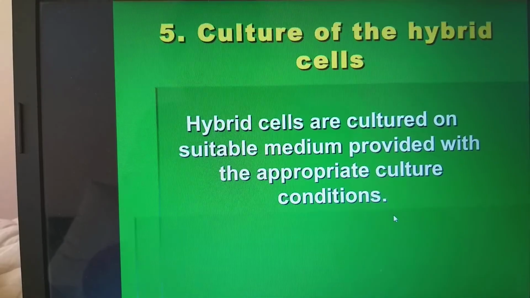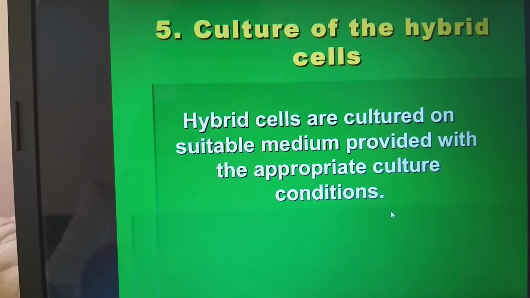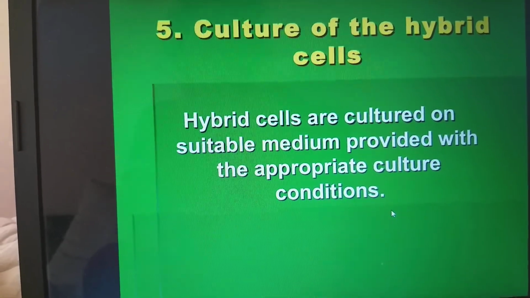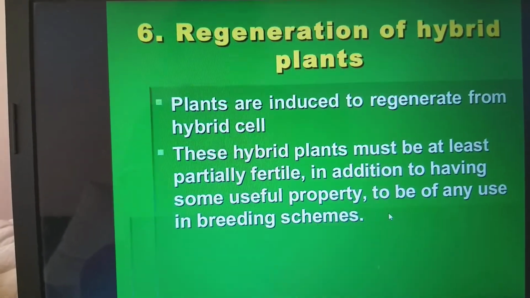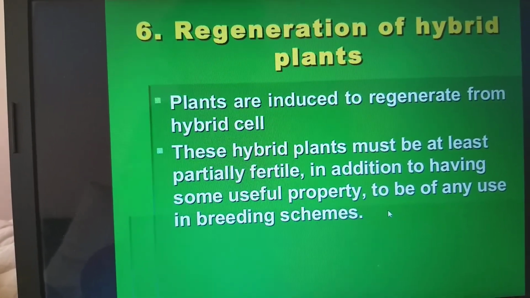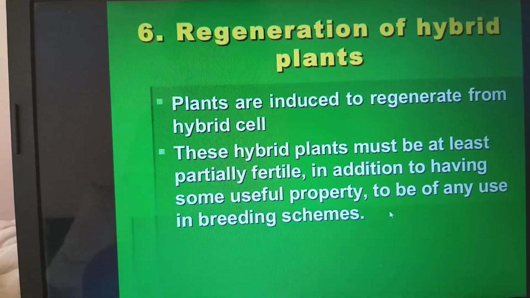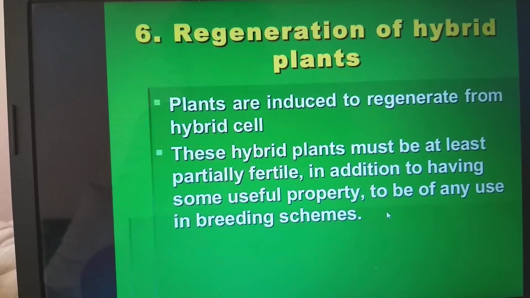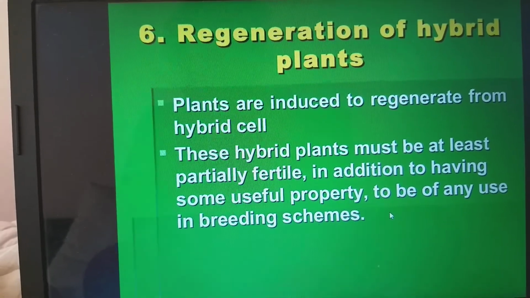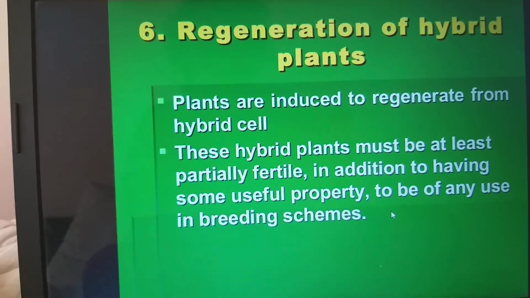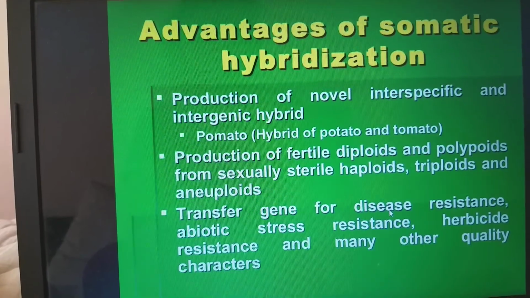The hybrid cells are cultured on a suitable medium with appropriate culture conditions. Then regeneration of hybrid plants: plants are induced to regenerate from hybrid cells. These hybrid plants must be at least partially fertile, in addition to having some useful properties, to be of any use in breeding schemes.